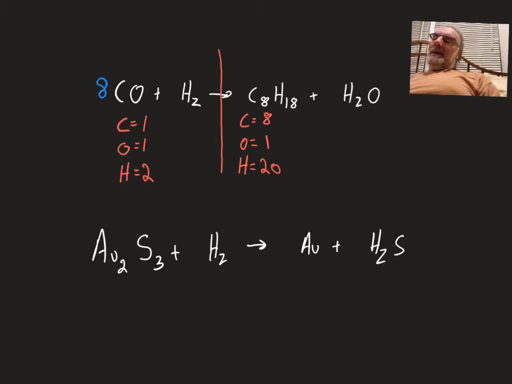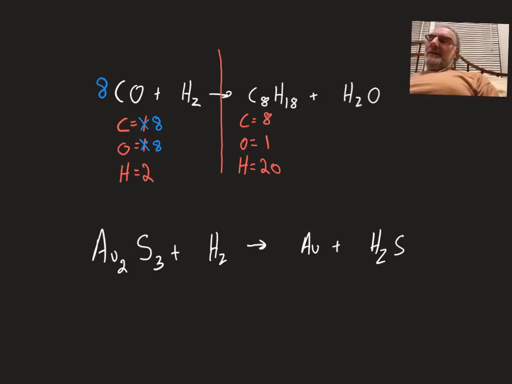That means I no longer have 1 carbon, I have 8 carbons. No longer do I have 1 oxygen, but now I have 8 oxygens. The hydrogen stays the same on both sides.